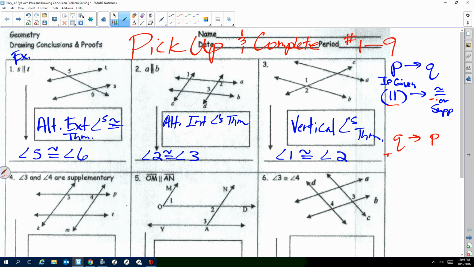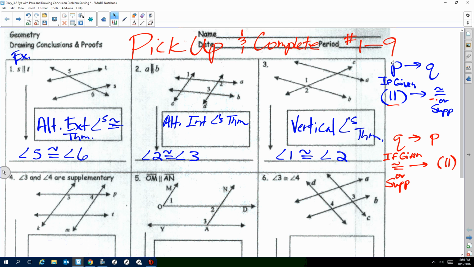So, if given congruent or supplementary, then I can prove what? Yeah, then I can prove parallel, okay? So everything is based on what's given to help you draw your conclusion, and if you're proving parallel, you're using a converse to draw that conclusion. If you're proving congruent or supplementary, you're using the conditional, using a theorem.